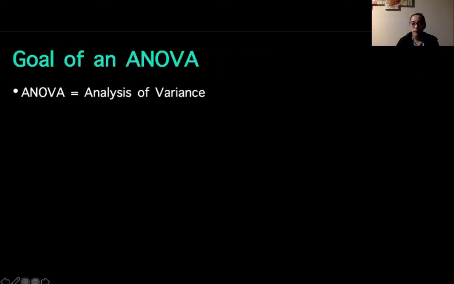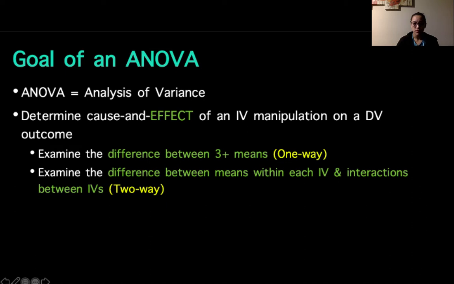The goal of an ANOVA is still the same, so this is pretty much a repeated slide from last week, right? So again, ANOVA is the test that we're running. It's the analysis of variance between groups, and we use it to determine cause and effect.